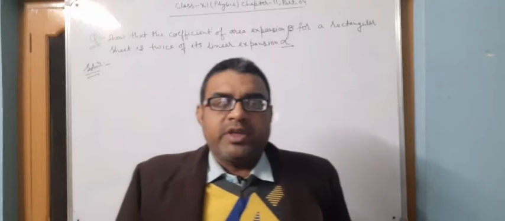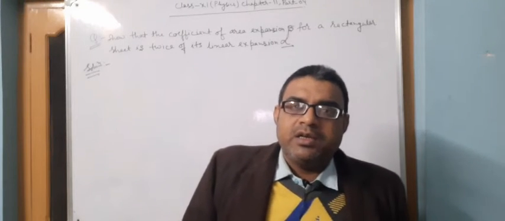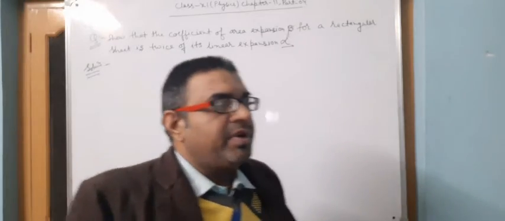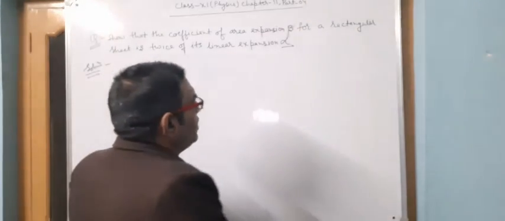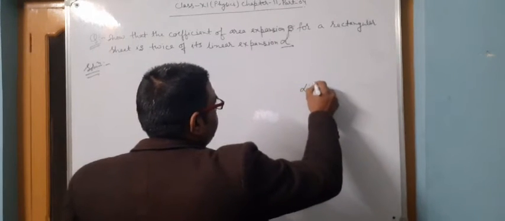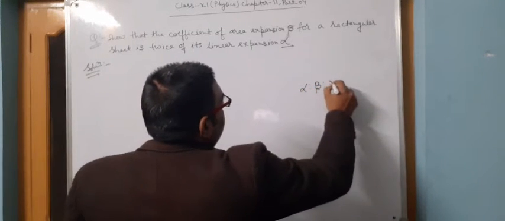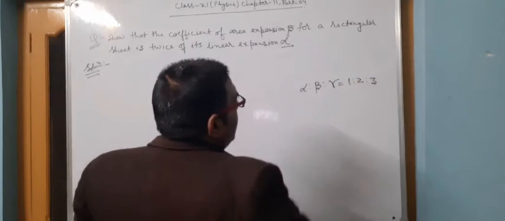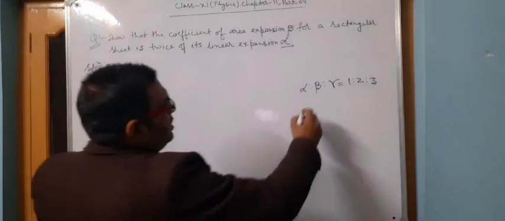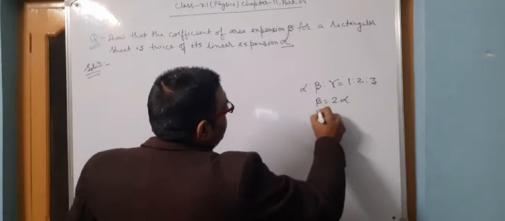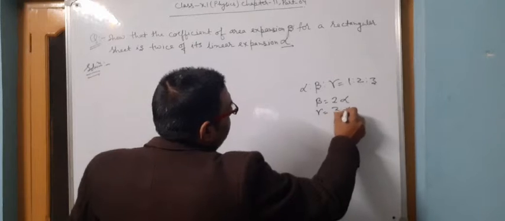Now, proceeding further in this chapter, we had seen the relationship between alpha, beta, and gamma, and what we observed is that alpha is to beta is to gamma equals 1 is to 2 is to 3, or we can say that beta is equal to twice alpha and gamma is equal to thrice alpha.